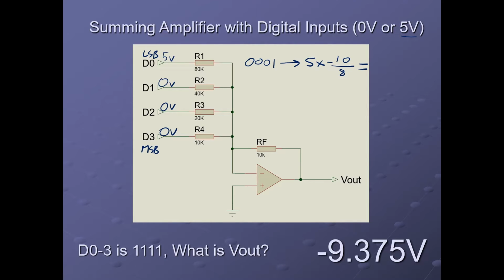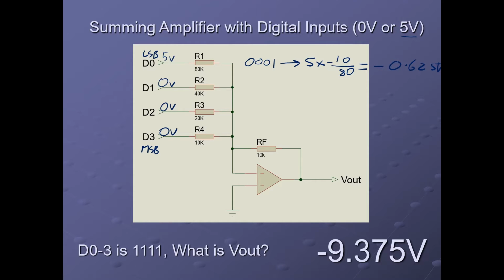Sorry, it's 10k over RF over 80. So it's 0.625, minus 0.625. So if I just had 0001, then I would get minus 0.625 volts at my output.